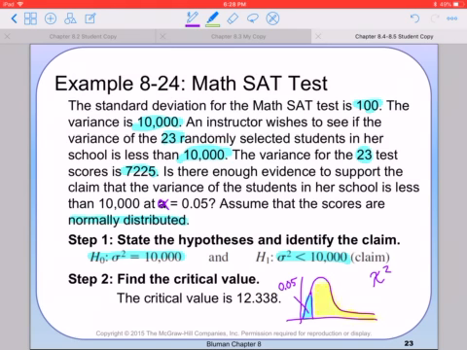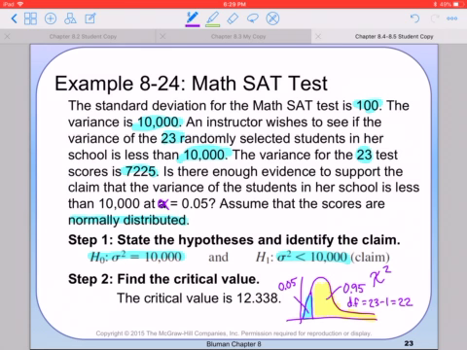And the area on the right here is going to be 0.95. So you look up the area 0.95, right? And our degrees of freedom equal, we got 23 minus 1, so we get 22.